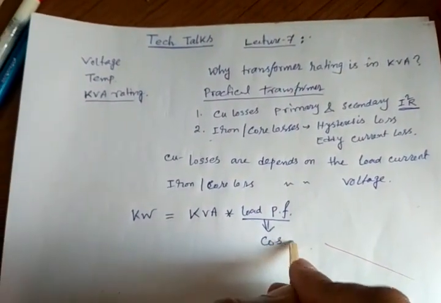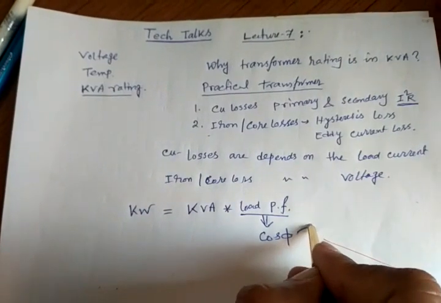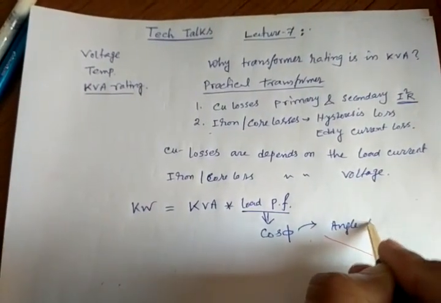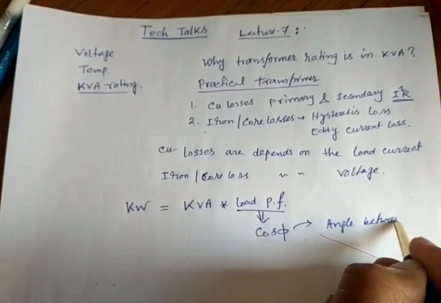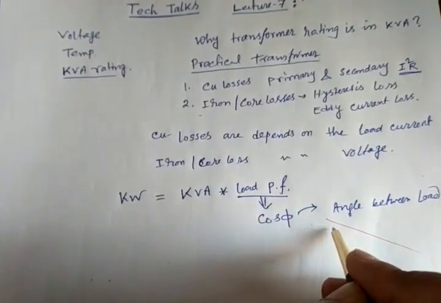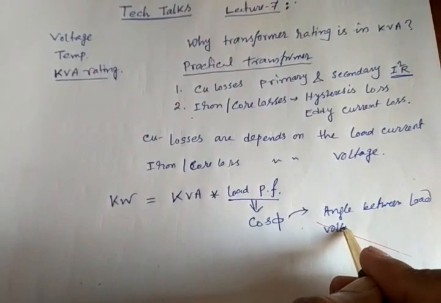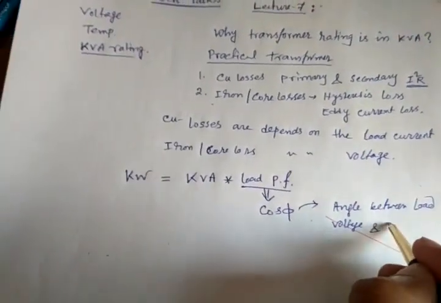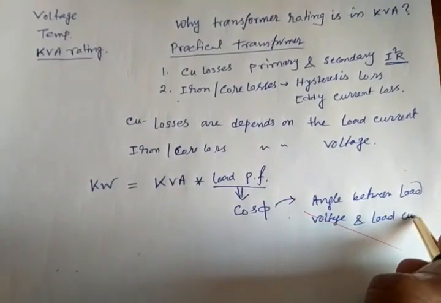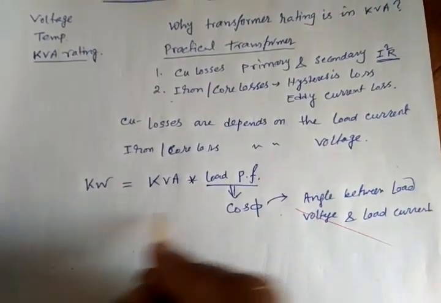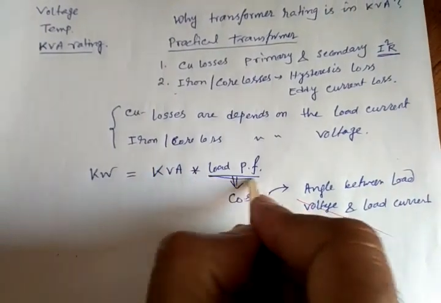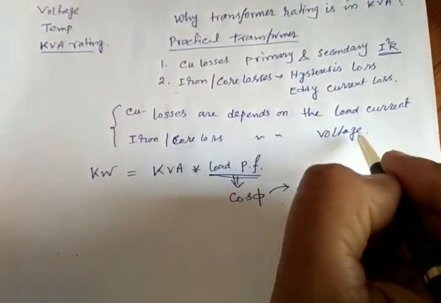This is cos phi, and this phi is the phase angle between load voltage, meaning secondary terminal voltage, and load current. Now we see this whole loss doesn't depend on power factor, it only depends on voltage and current.